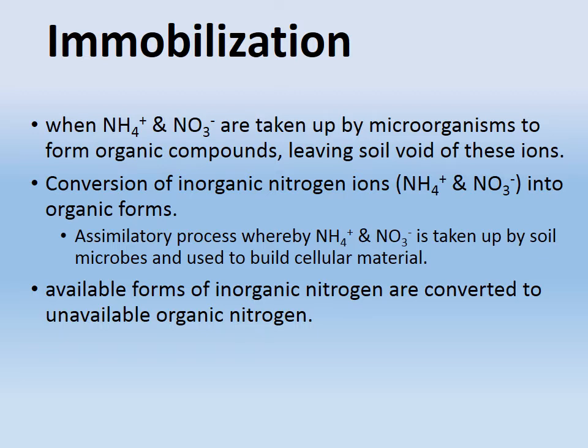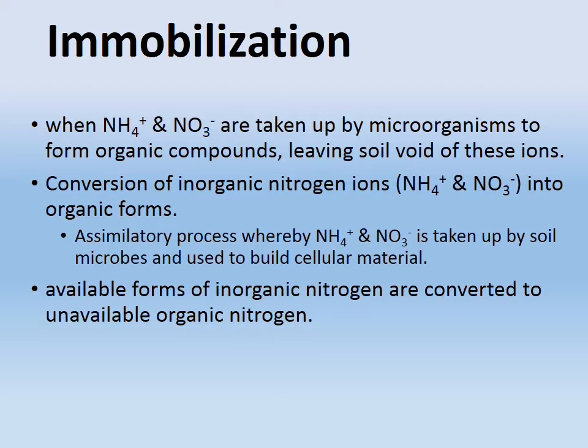So let's move on and talk about immobilization. So immobilization occurs when ammonium ions and nitrate ions are taken up by microorganisms to form organic compounds, leaving the soil void of these ions. And you can say it's the conversion of inorganic nitrogen ions, your ammonium and your nitrate, into organic forms.